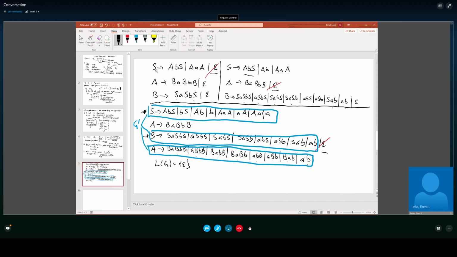The elimination of S goes to epsilon gave rise to this. The elimination of A goes to epsilon gave rise to this. And then finally, the elimination of B goes to epsilon gave rise to what I wrote down encased in blue. Okay.